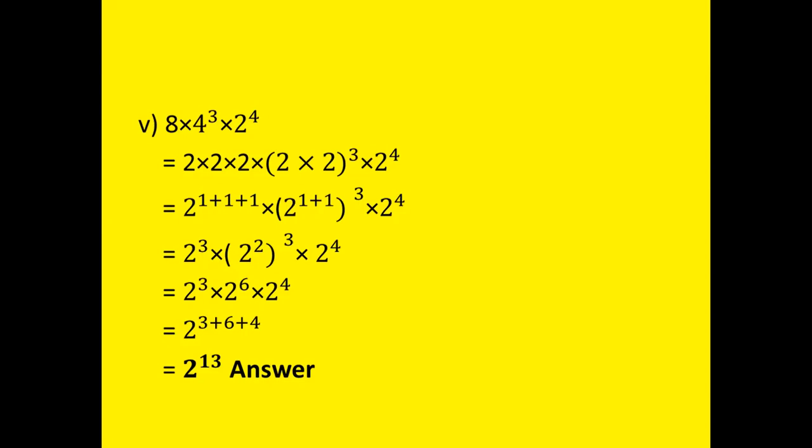That's why we have to make the bases the same. Then 2 power 3, then 2 power 2 times 3 is 6, as power and whole power are multiplied. Then 2 power 4. Now all the bases are the same, so we can multiply them easily, keeping only one base, and the powers will be added: 3 plus 6 plus 4, that is 9 plus 4, which means 13. 2 power 13 is the answer.